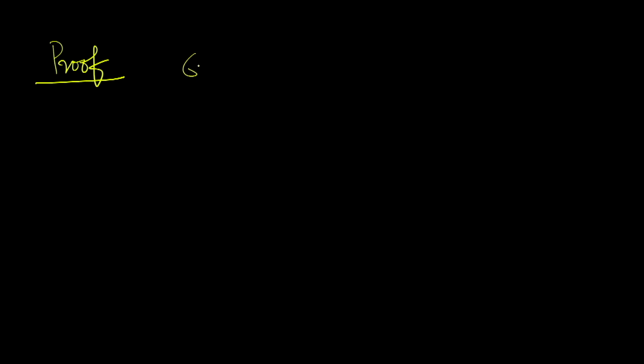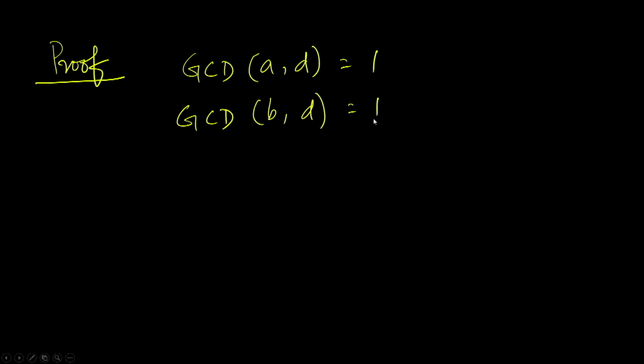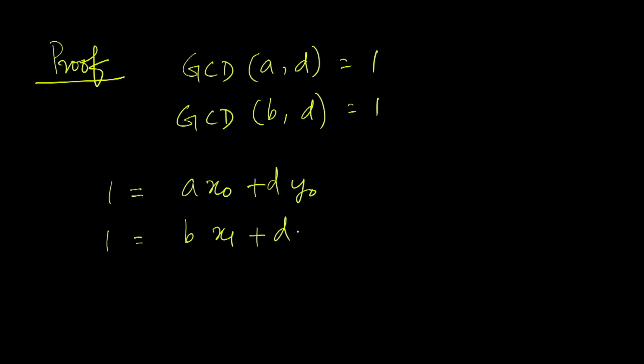We know that GCD of A, D equals 1, GCD of B and D is also equal to 1. Therefore, we have integers x0, y0, x1, y1, so that 1 is Ax0 plus Dy0 and 1 is Bx1 plus Dy1.